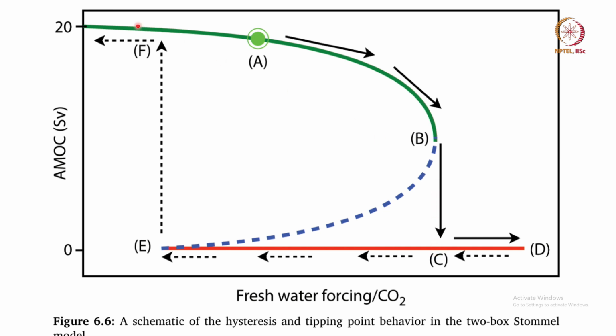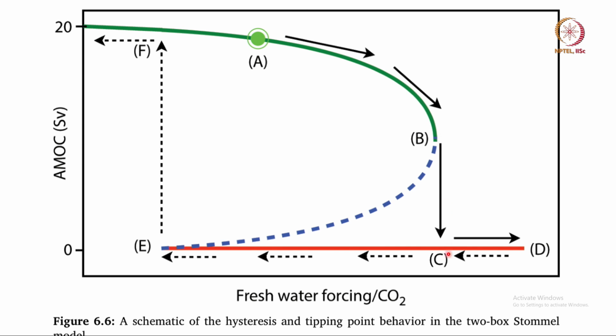So, this is the stable phase of the circulation, which is slowly declining in response to either CO2 increase or freshwater forcing. At some point it suddenly stops because this part of the curve is not stable. Okay. So, this is the stable part of the circulation of AMOC, this is the unstable part. So, as soon as it goes to the point B, it just shuts down suddenly.